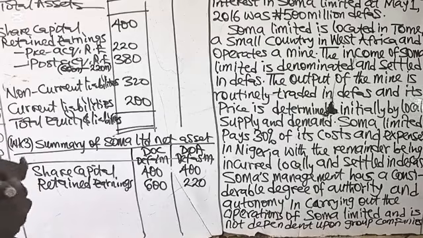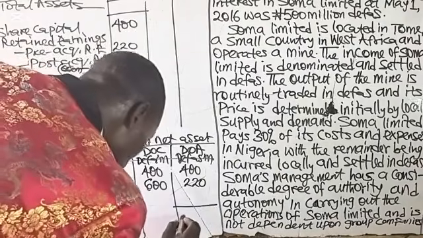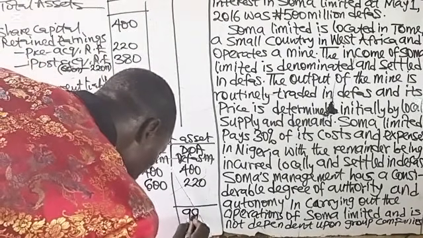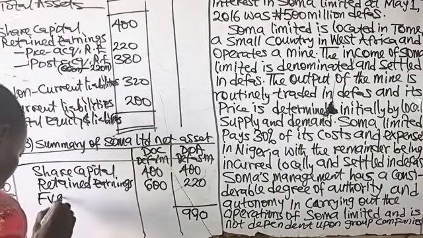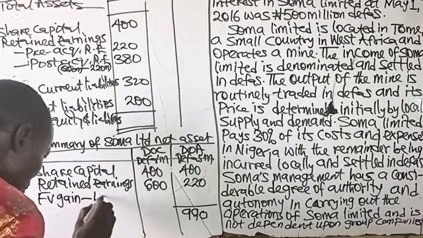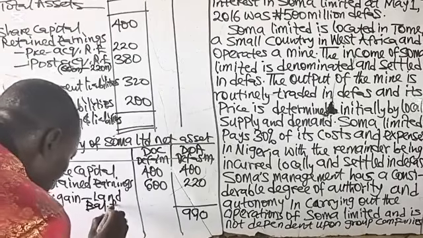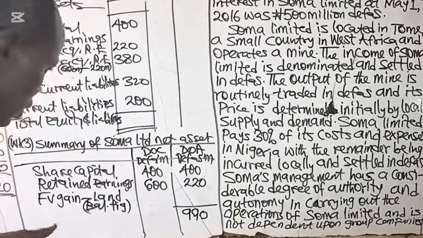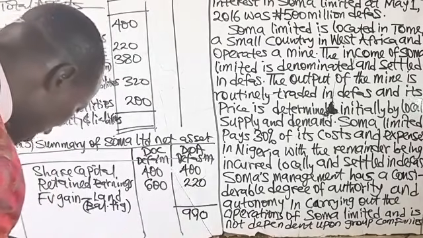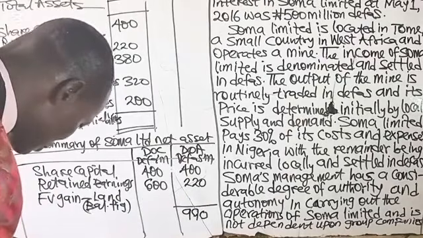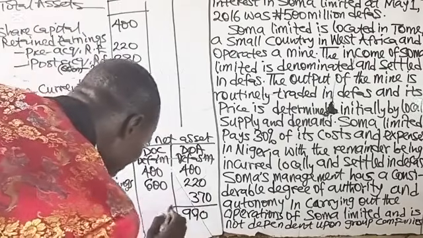Now, you were given the fair value of net asset at the date of acquisition from note 1 to be 990 million. So that means you were told the difference in fair value is attributable to non-depreciable land, which will be balancing figure. So we have 400 plus 220, that is 620. If you subtract 620 from 990, we have difference of 370. 370.